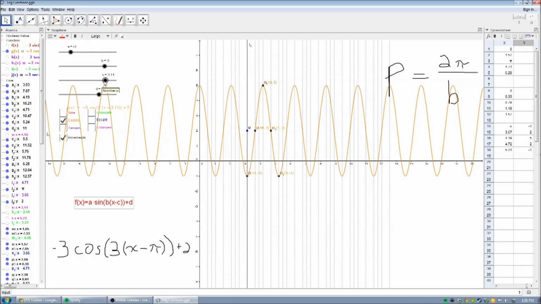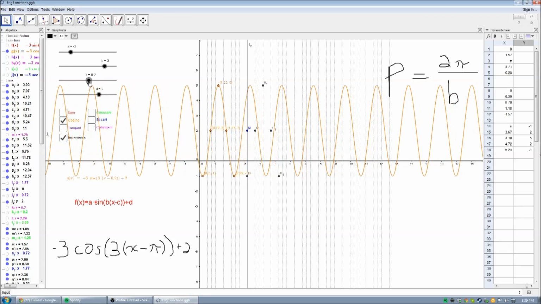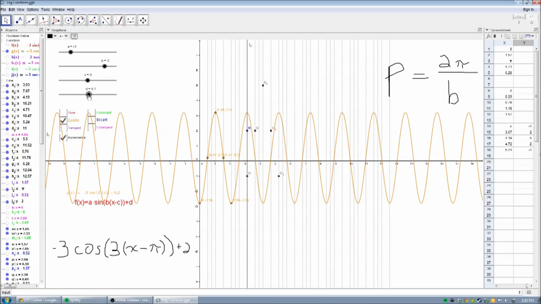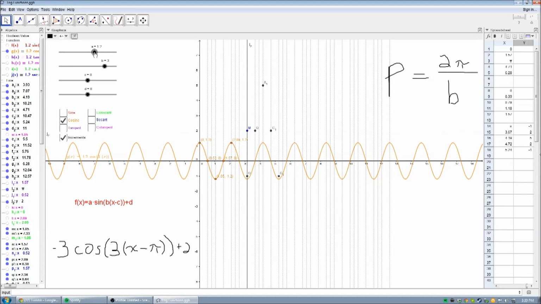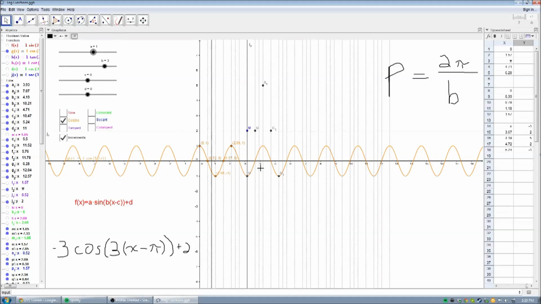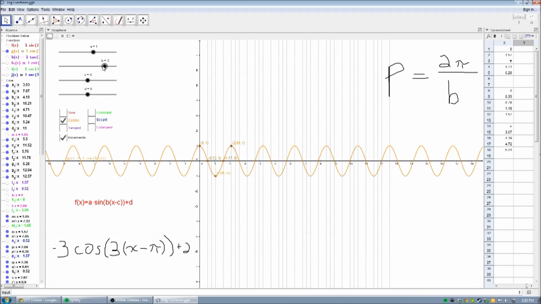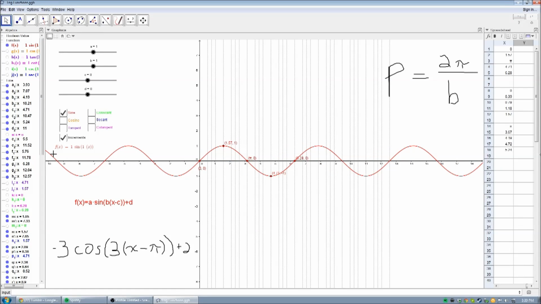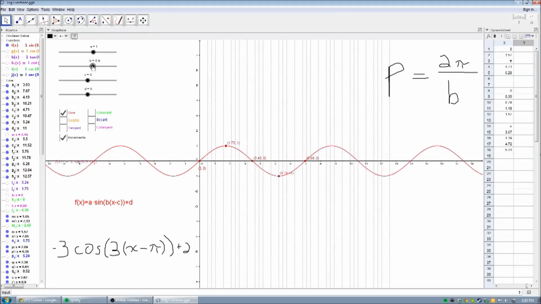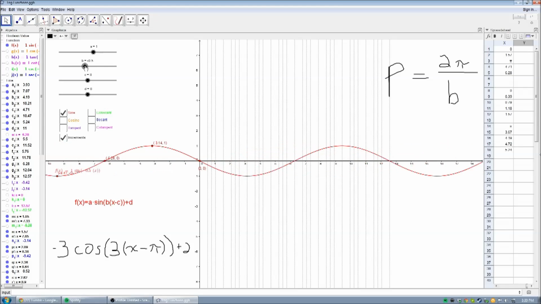Now, there's one thing that I do want to mention very quickly, and then I'll be done. If everything is at 0 and my a is at 1, what happens, which we did not go over, is this: what happens if b is negative? Well, in this case, and actually it will be more noticeable with the sine, if the b variable is negative, it gets flipped horizontally.